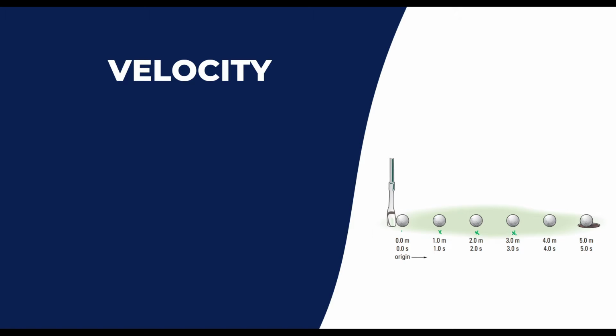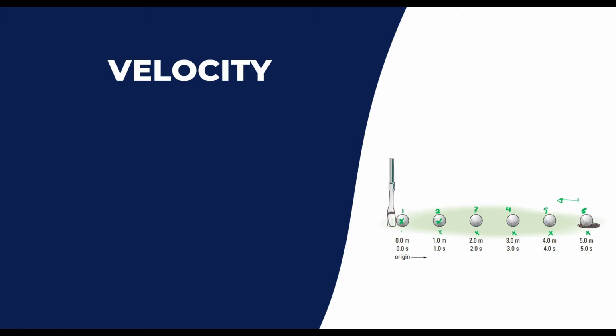After 3 seconds, 3 meters. 4 seconds, 4 meters. 5 seconds, the ball was 5 meters away from the origin point. We can see the golf ball is making a displacement from point 1 to point 2 to point 3 to point 4 to point 5 and to point 6.